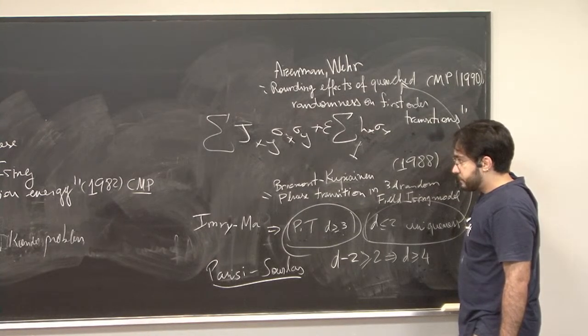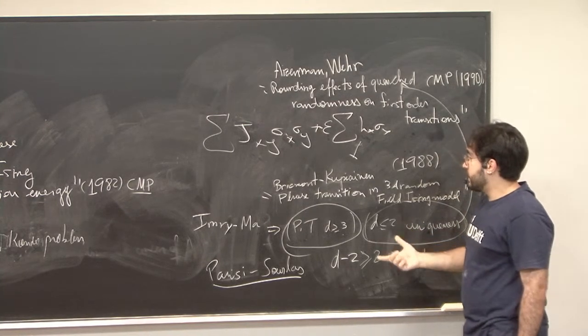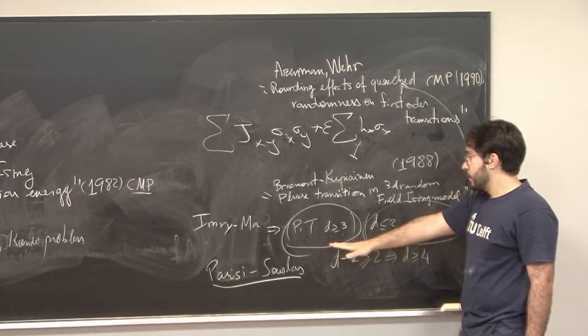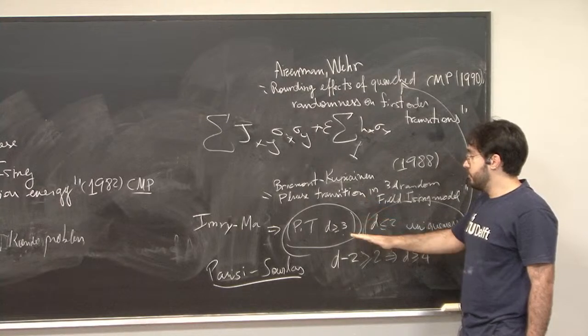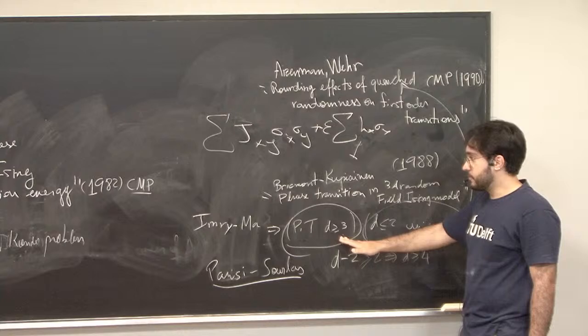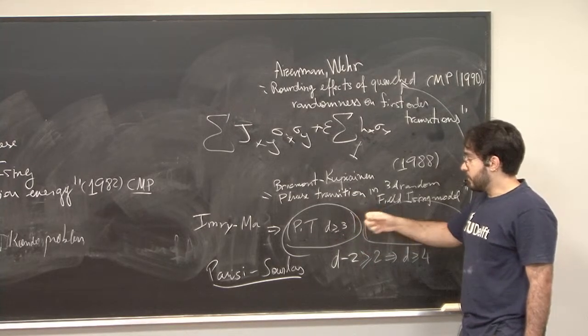So what happened is that for many years, this was the only way to prove phase transition for the system with a random field.